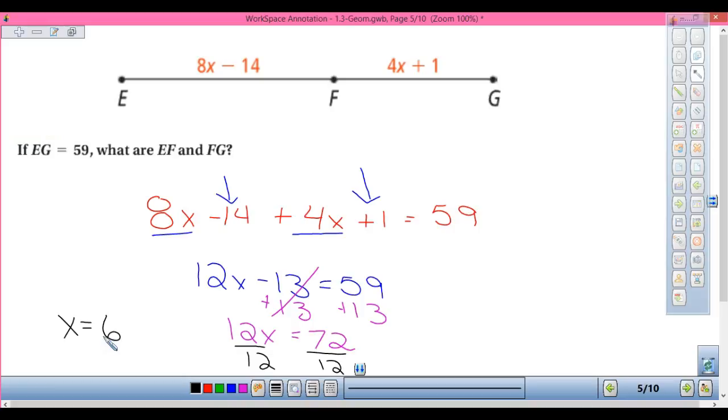So x equals 6. But does that answer the question? No. It asks what EF and FG are. So how can we figure those out? Plug them back in, you bet.